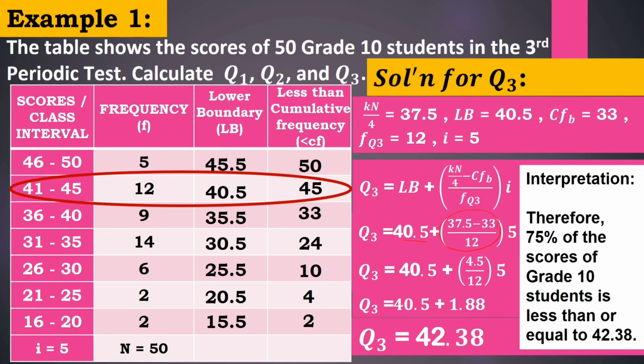Therefore, since Q sub 3 is 75%, 75% of the scores of grade 10 students is less than or equal to 42.38. Okay, so that's how to solve quartiles of grouped data.